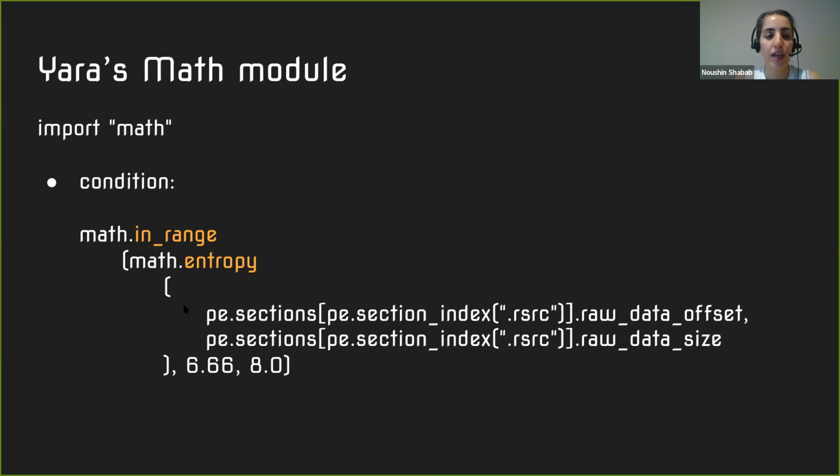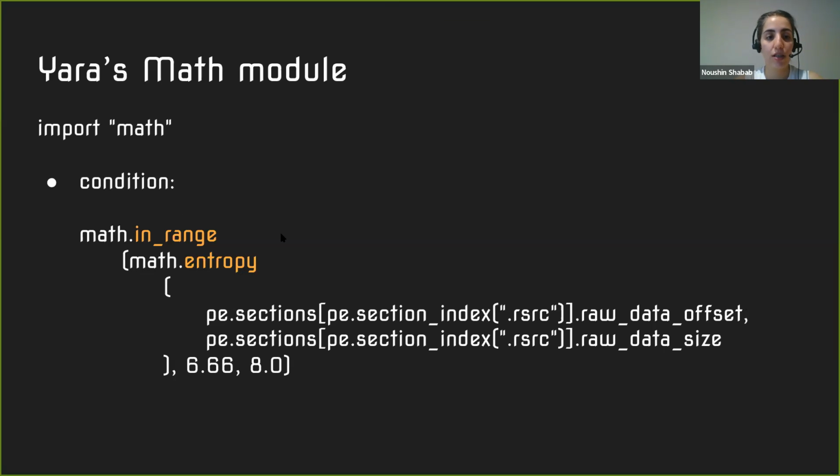And the next function that is used is the entropy function, math.entropy. This one receives two arguments. The first one is the index of the start of the data, and the next one is the size.